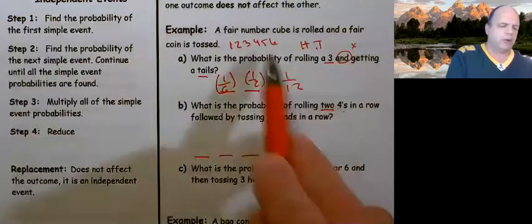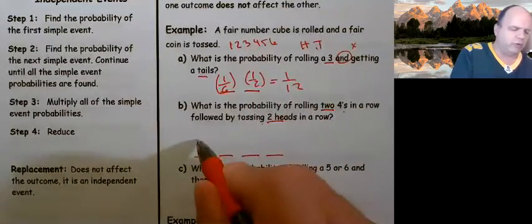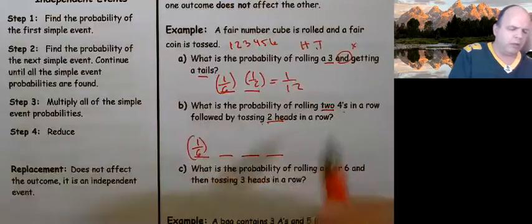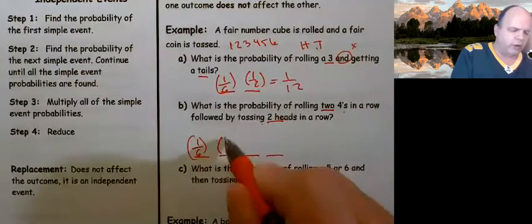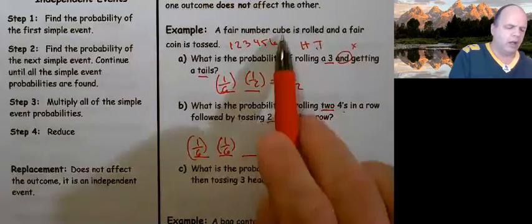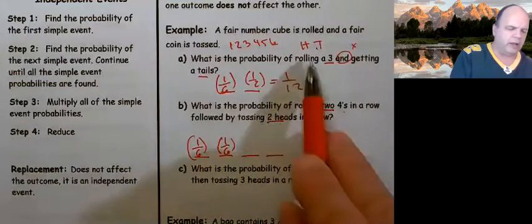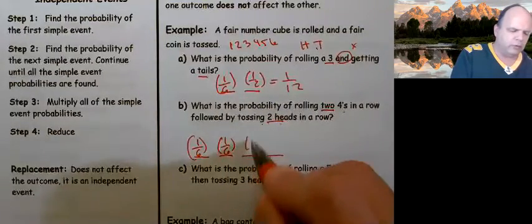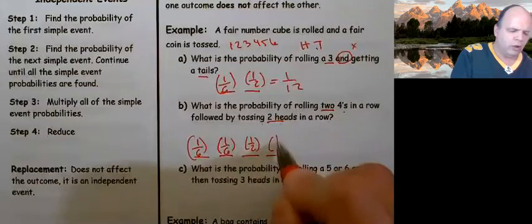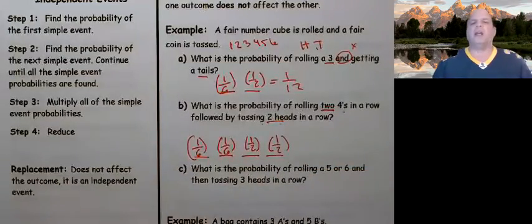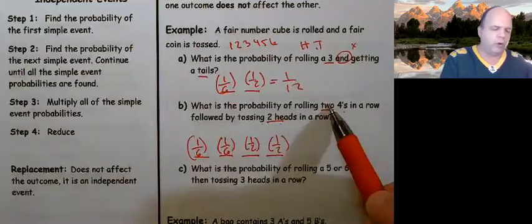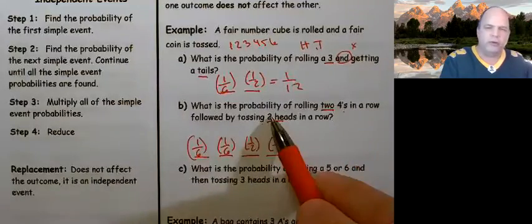So a 4. The probability of a 4 is 1 out of 6. But I need another one, so this is 1 out of 6. And this is, I need 2 heads, and the probability of a head is 1/2. And they didn't say "and" in here, but I need a 4 and a 4 and a 2 and a 2.